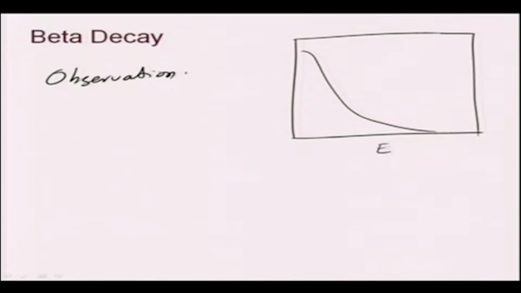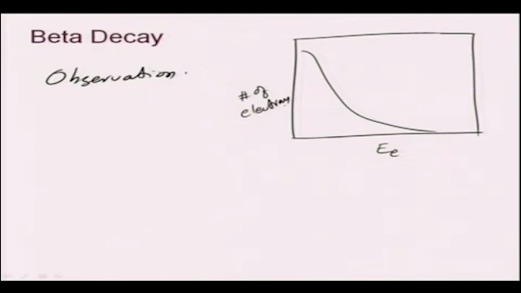If you measure the energy of the electron, there are electrons with very small energy, and some of the electrons have large kinetic energy. So, if you plot the number of electrons versus the energy, typically you get this kind of a spectrum, which means the energy of the electron coming out from the beta decay is not fixed.